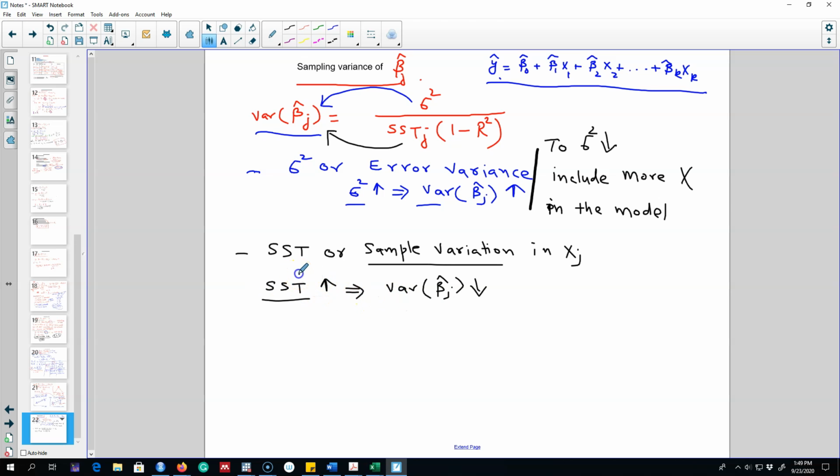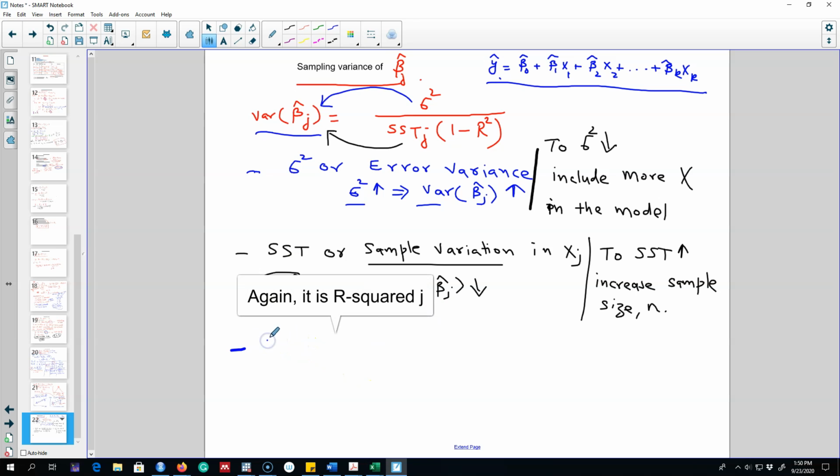You have already seen this SST in some of the previous videos. But the idea here is that to decrease variance of beta j, we need to introduce more variation in the data. To do that, we need to increase our sample size, that is, include more observations in our data set. For example, if you have 30 observations, by increasing the number of observations to 50, you can increase SST and also decrease variance of beta j.